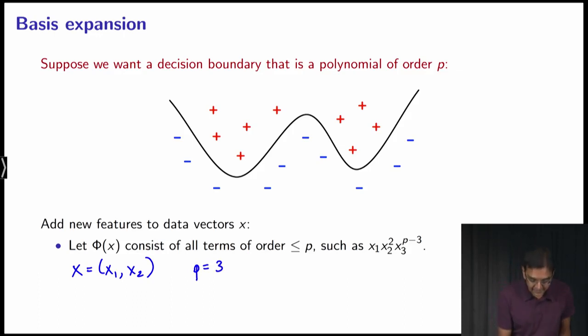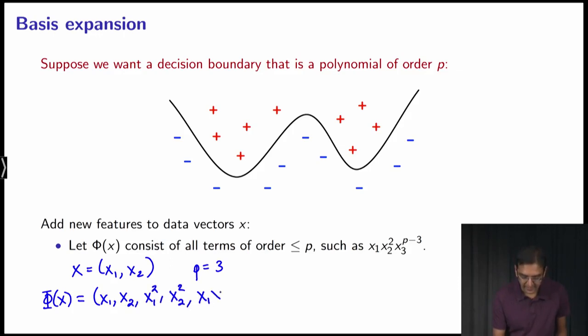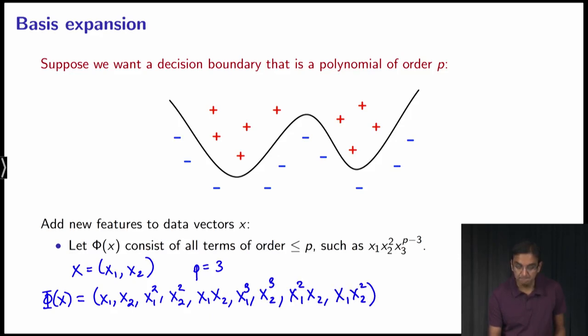We then create an expanded representation phi of x that includes the original features, x1 and x2, as well as all terms of order 2, so x1 squared, x2 squared, x1 x2, and all terms of order 3, so x1 cubed, x2 cubed, x1 squared x2, and x1 x2 squared.